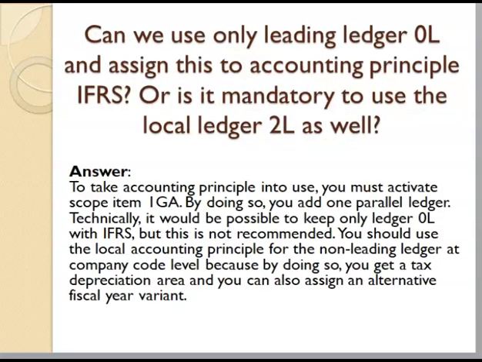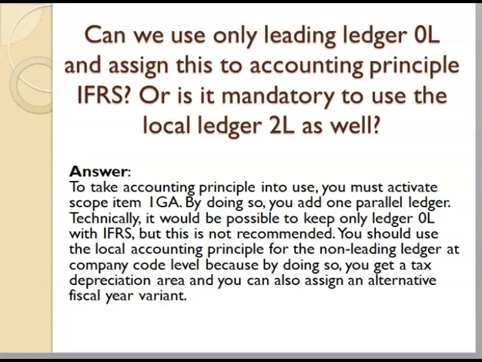Can we use only leading ledger 0L and assign this to accounting principle IFRS, or is it mandatory to use the local ledger 2L as well? Answer: to take accounting principle into use, you must activate scope item IGA. By doing so, you add one parallel ledger.